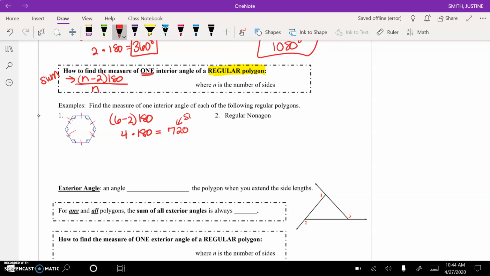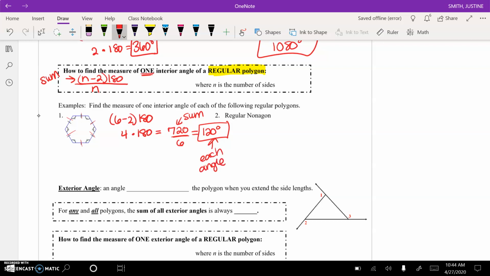Okay, but I want one interior angle. So because I know these are all the same, because it's regular, I'm going to be able to divide this by the number of sides. So the number of sides is 6. So if I divide this by 6, I know that each angle is 120 degrees. Okay, so this is each angle.